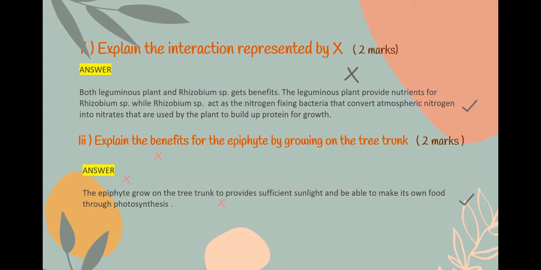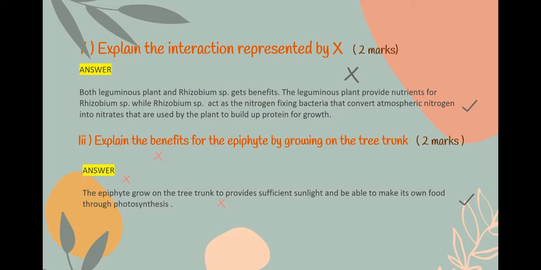The leguminous plant provides nutrients for Rhizobium species, while Rhizobium species act as nitrogen-fixing bacteria that convert atmospheric nitrogen into nitrates that are used by the plant to build up protein for growth. Here you have to mention the benefits of the leguminous plant and Rhizobium species to each other.